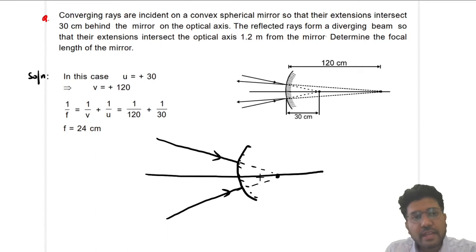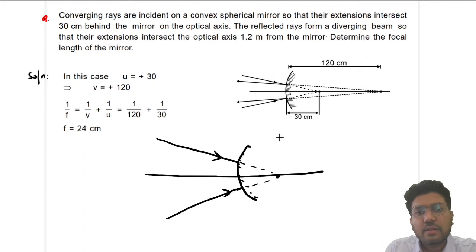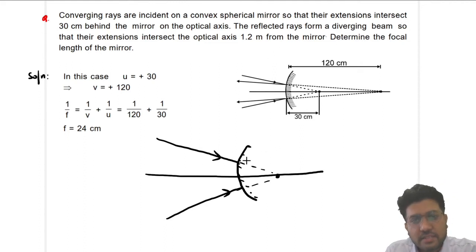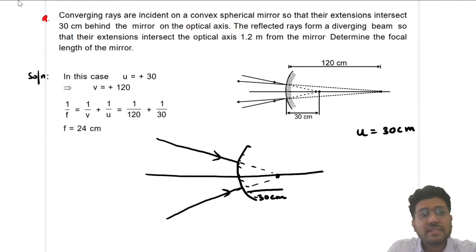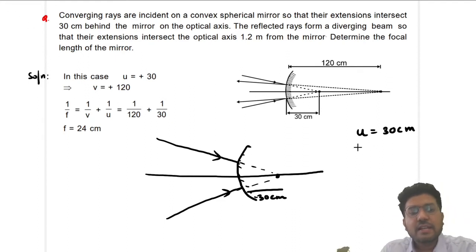Whenever they say converging rays are striking an optical instrument, that means the object has to be virtual. So here the object is virtual and the object is behind the convex mirror. Okay, so that their extensions intersect 30 centimeter behind the mirror. So that means definitely the object distance is 30 centimeter. This time it is plus 30 centimeter because it is behind, and behind distances are positive.